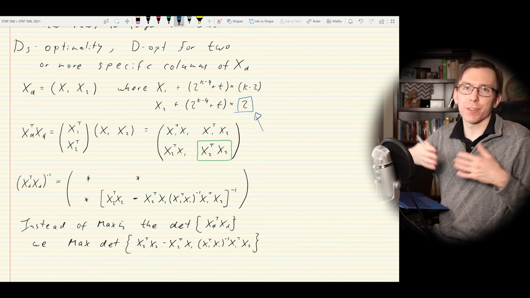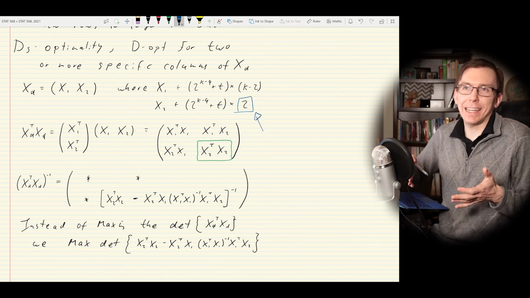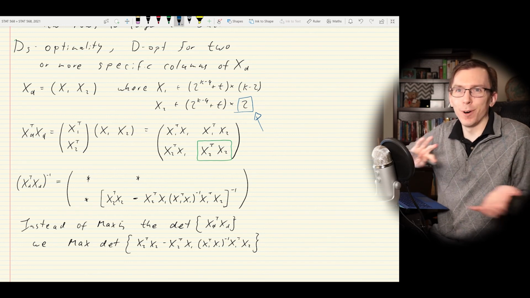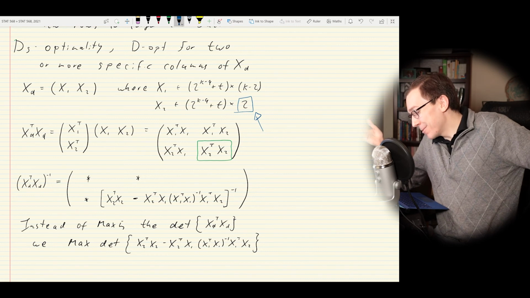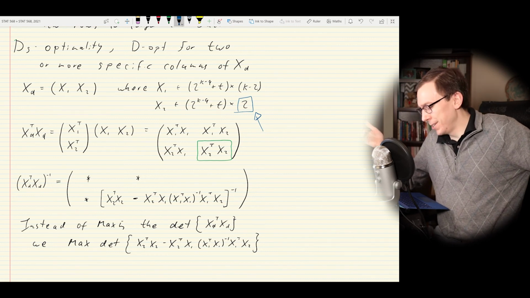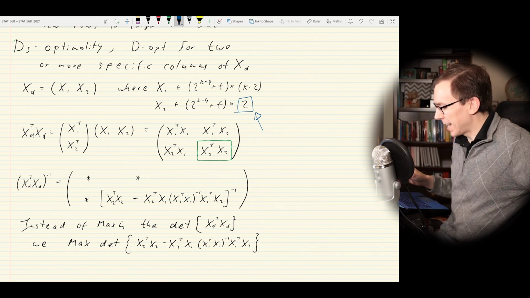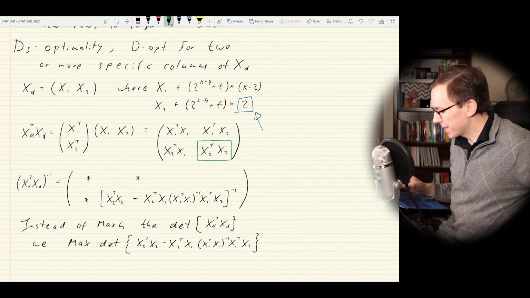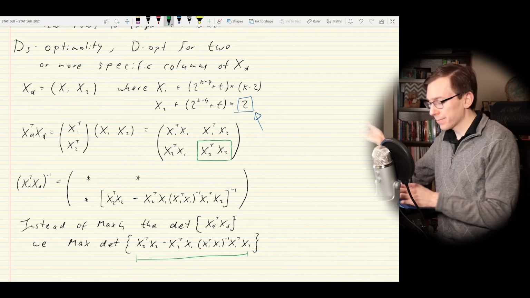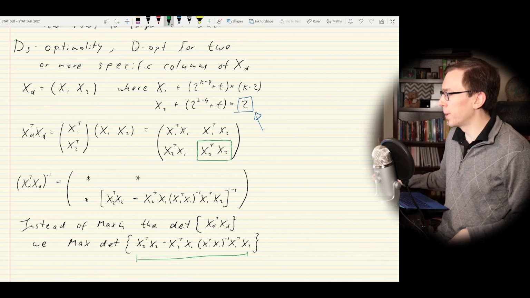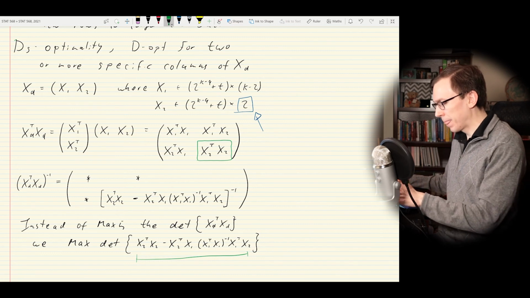We could choose 3, we could choose 4, we could choose k minus 1 and just leave one sad entry out for some reason. It really just depends on what we want to do. But the idea here is that we would just change the matrix determinant that we are trying to optimize with respect to. Otherwise, there's not much more going on with D-optimality.